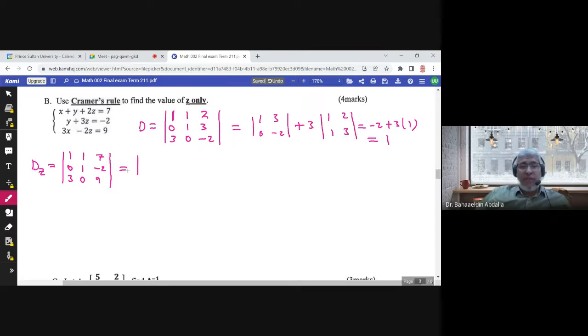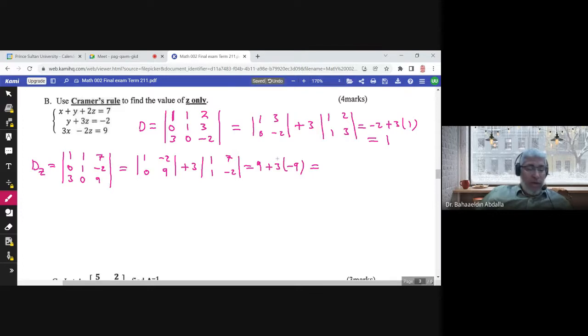So this time when I cancel the row and the column of 1, I'll have 1, -2, 0, and 9. And then 0 times anything is 0, and then plus 3 times 1, 7, 1, -2. And I have 9 minus 0 plus 3 times -2 minus 7, that's -9.